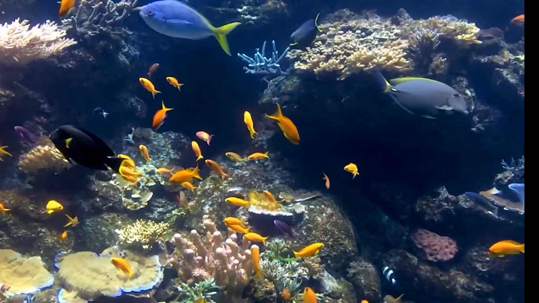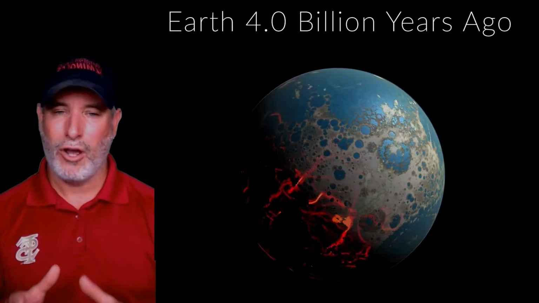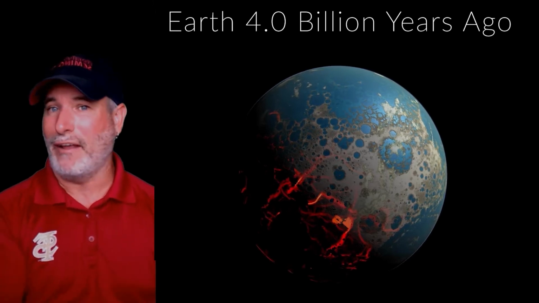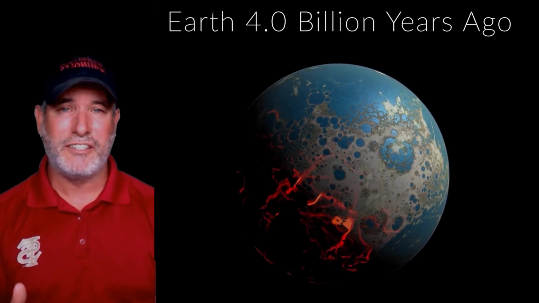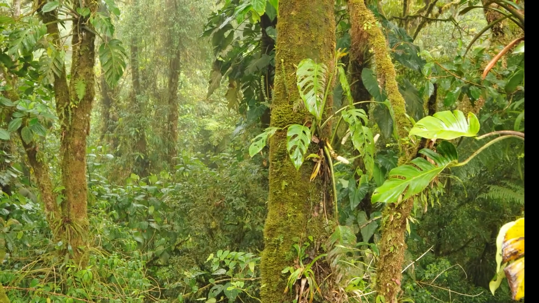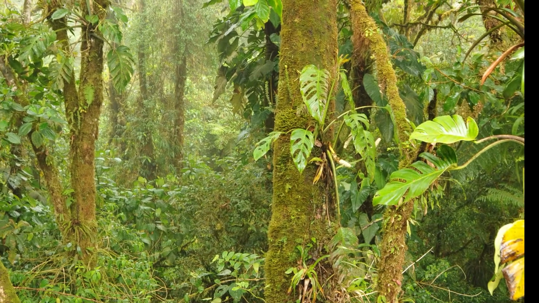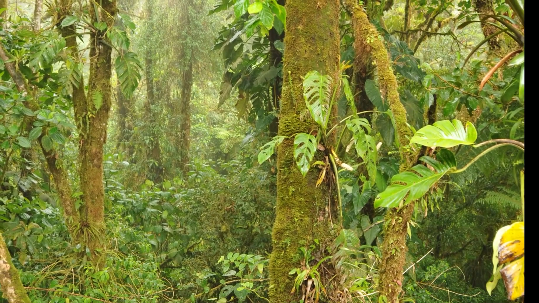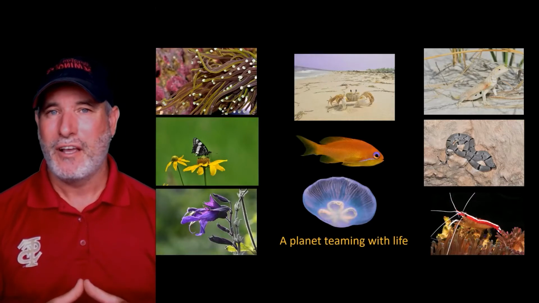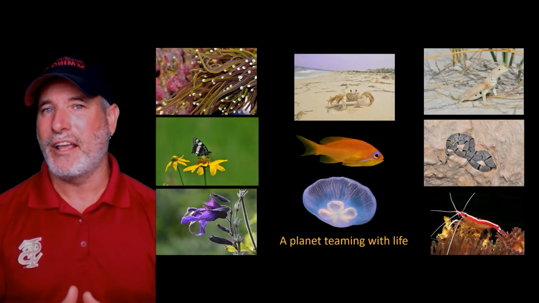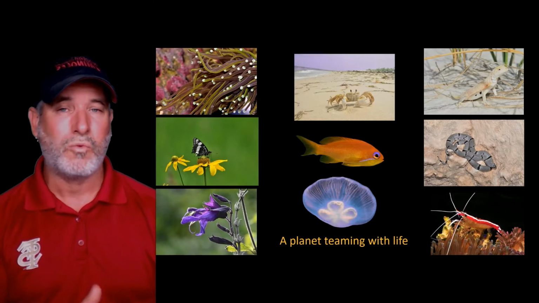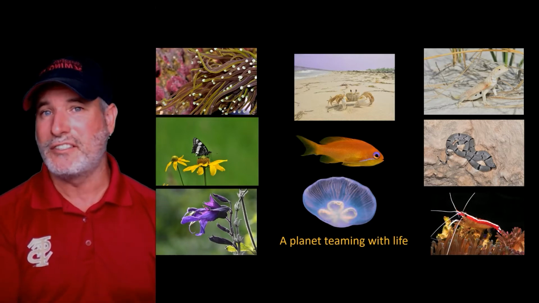So the question becomes, how did we go from a planet without life to what we see today, just covered in all different types of life forms? As I go through the history of the planet, think about this: what are the key evolutionary innovations that led to the world and the diversity we see today?